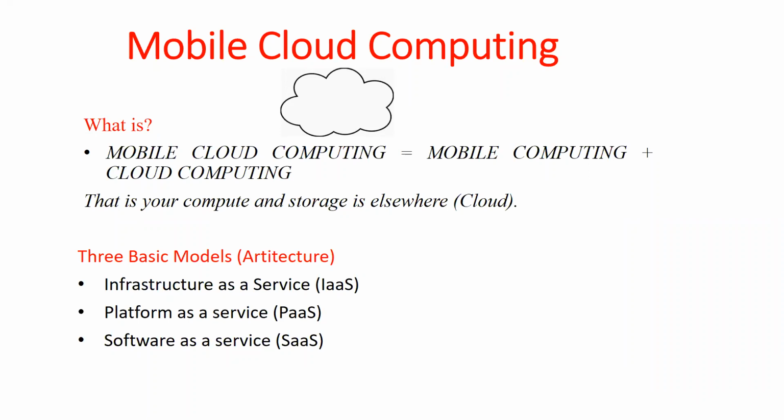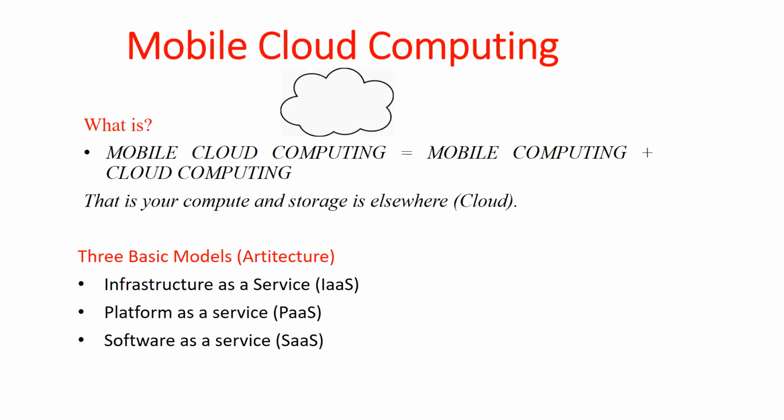The infrastructure component, the backend, like the data center, which includes your servers, network, storage, etc. And then is your platform as a service. Platform is basically mostly for the developer end, where they are able to work on their components in the cloud end. Then is the software as a service, where the software is basically hosted in the cloud.